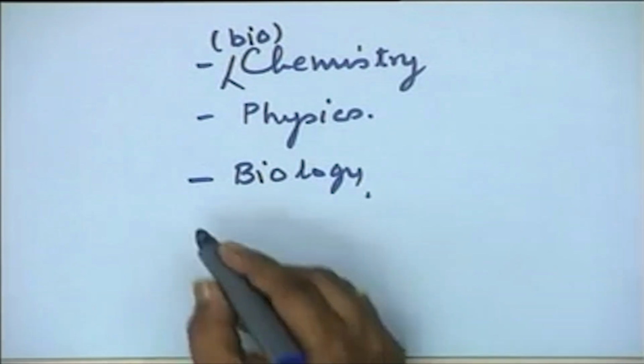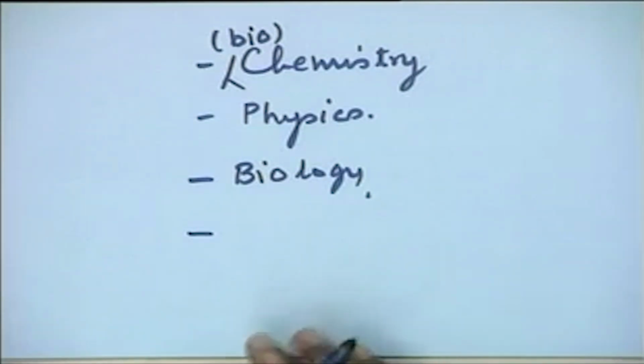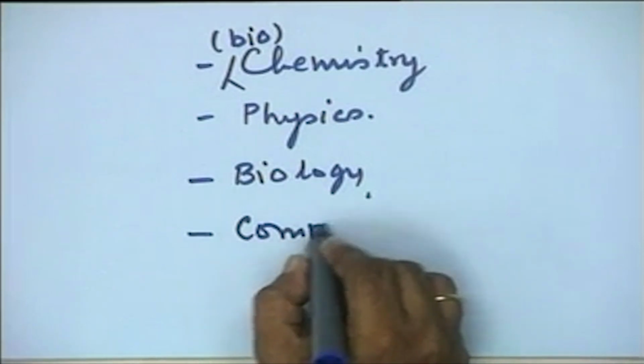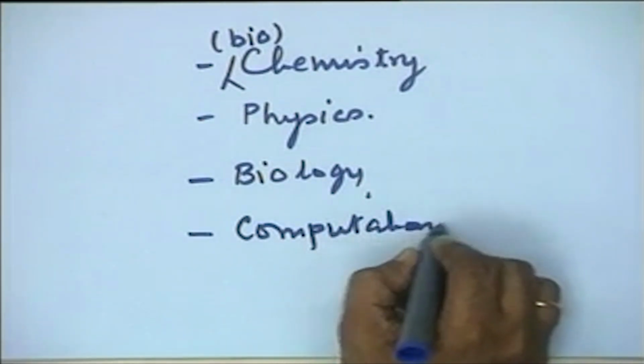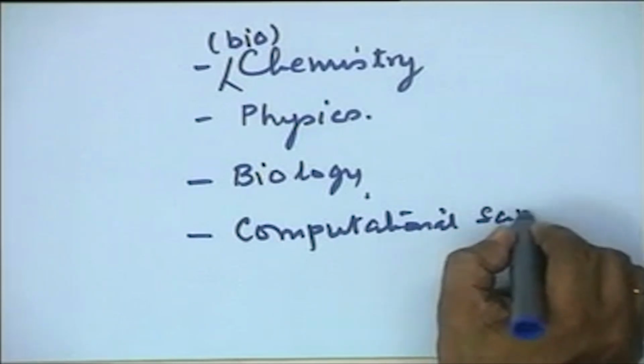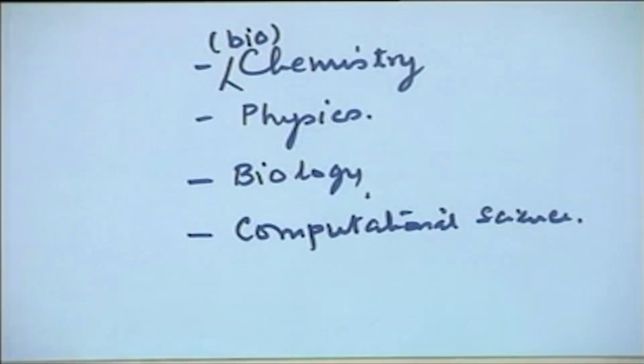Then ultimately, a very important scientific development has been in the computational sciences. Most of the industrial applications will require the application of computational sciences to those systems. Today even the design of an enzyme protein, and modifications for tailoring it to give some desirable properties, is a job which can be taken up only with the help of computational sciences.